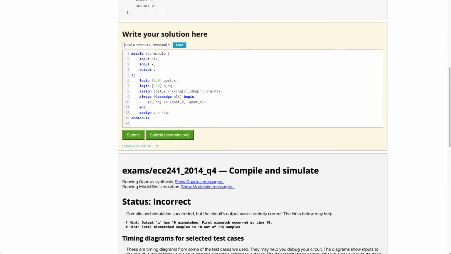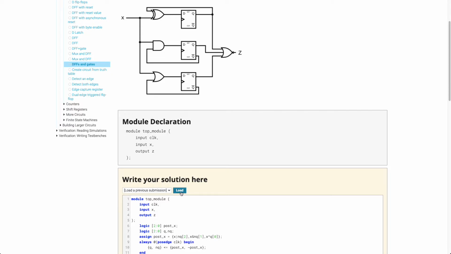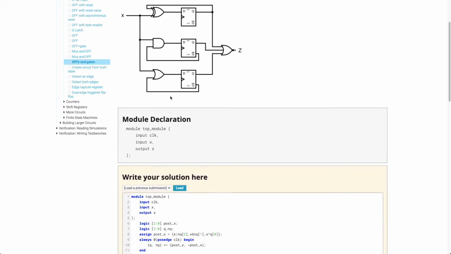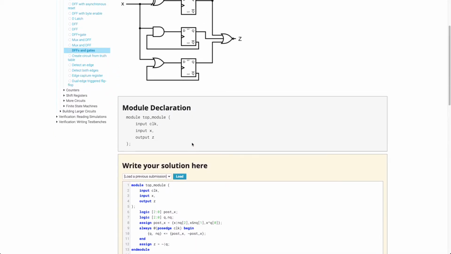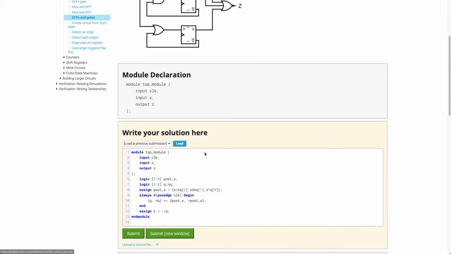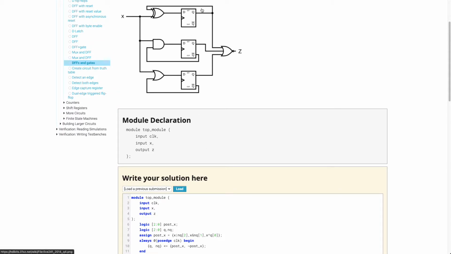So if all 0 is 1. So assuming this is 0, then zero XOR 0 is 0. So this Q, which is this post X flopped, is 0. And X, so this is 0 and 0, so this is XOR 0 and a 0 or a 0, so they're all zeros.